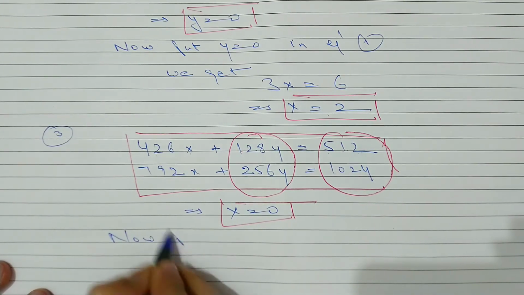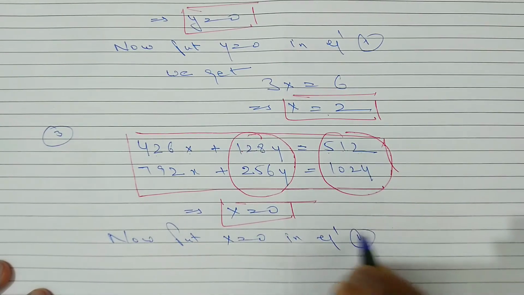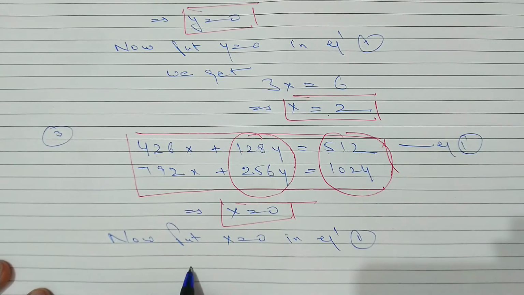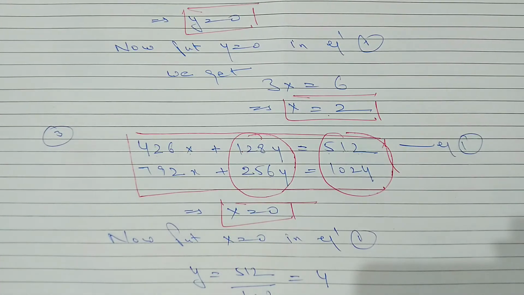Now put x equals 0 in equation number 1. We get y equals 512 divided by 128, which is equal to 4. Therefore y equals 4.